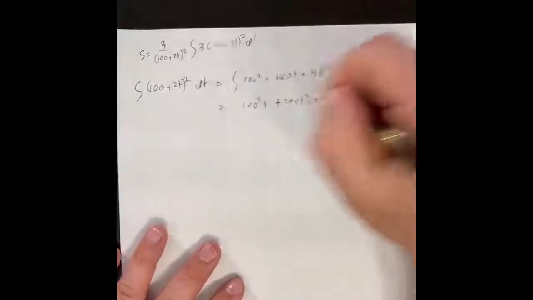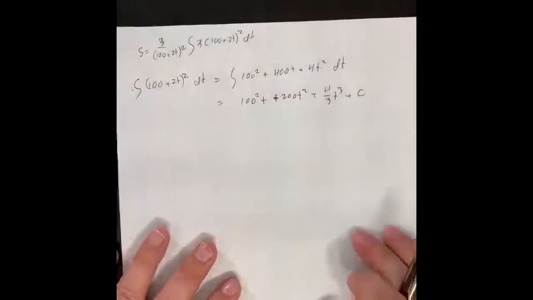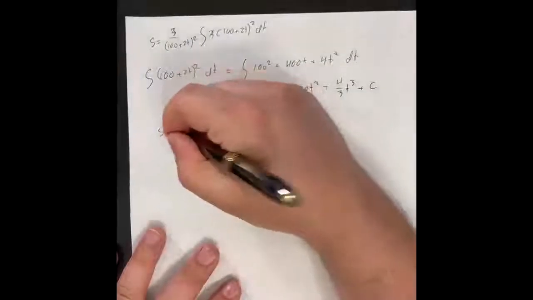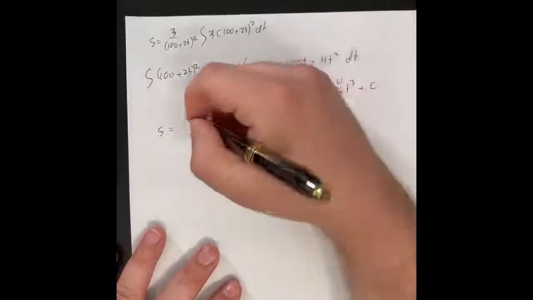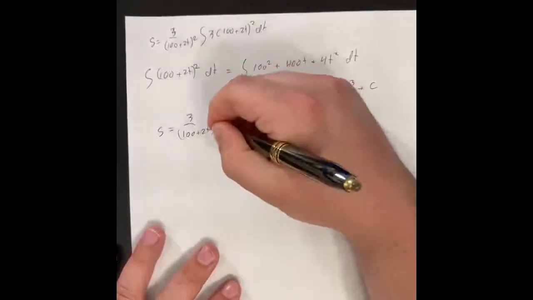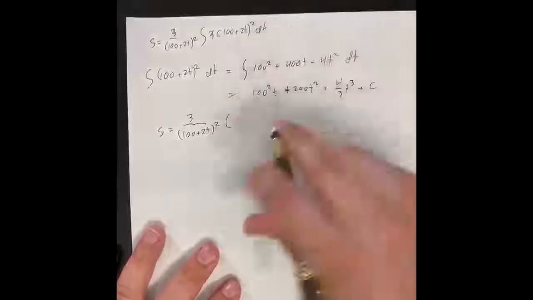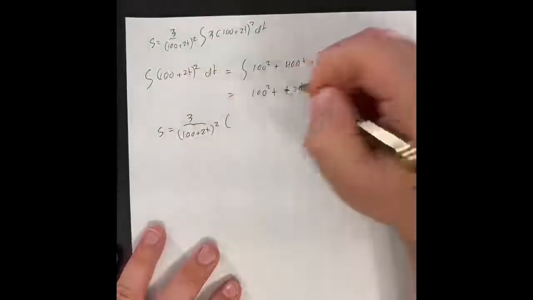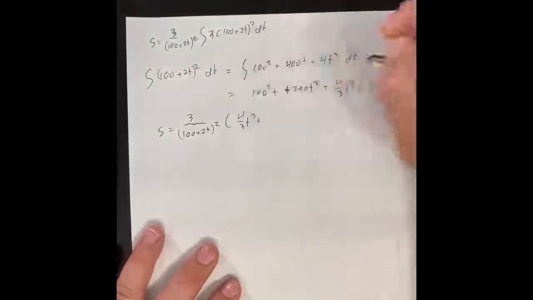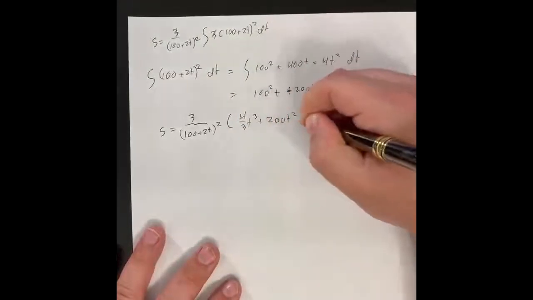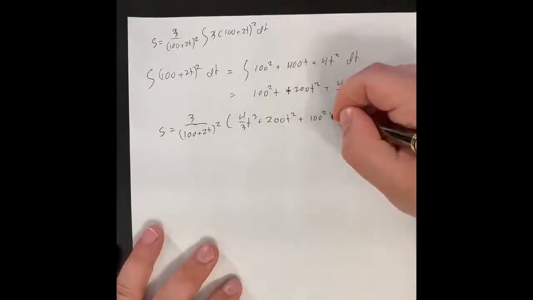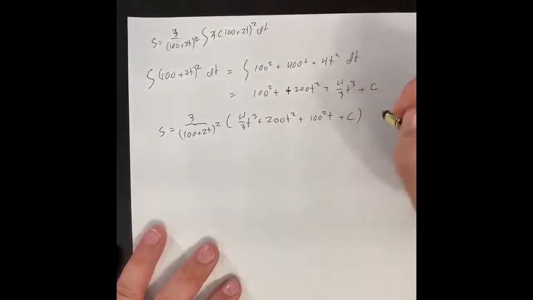Okay, so that's that. Then we can plug that into our formula here. So we have 3 over 100 plus 2t squared times this whole thing: 4/3 t cubed plus 200t squared plus 100 squared t plus a constant.